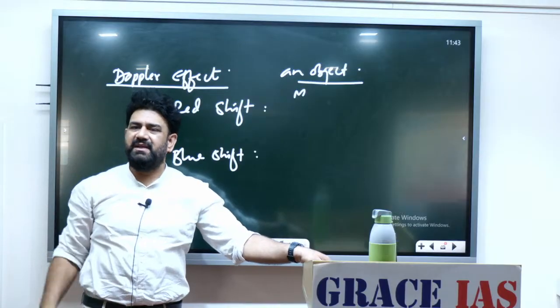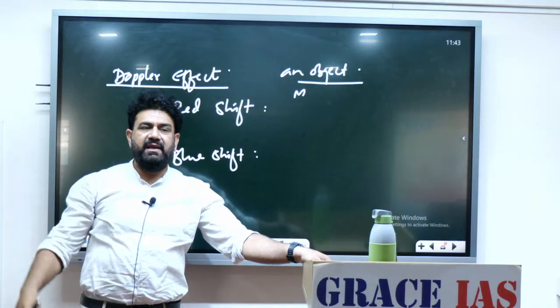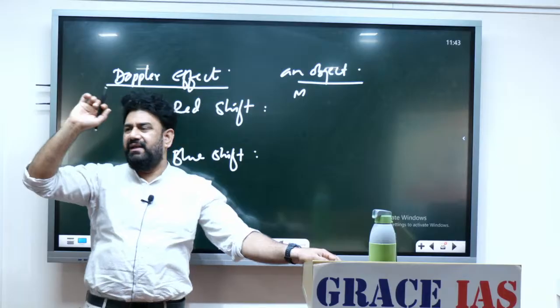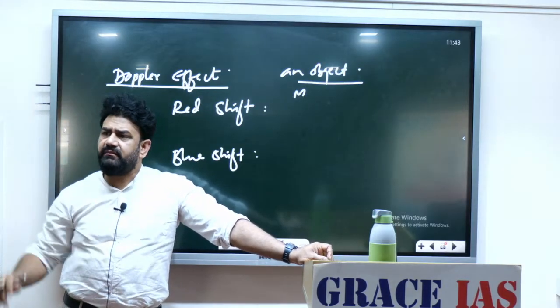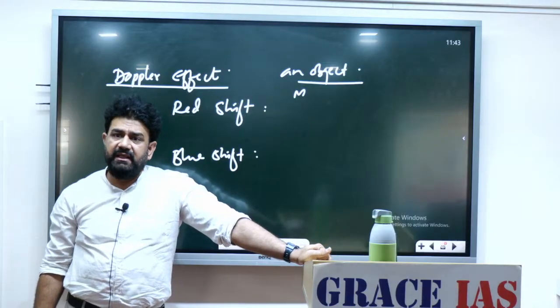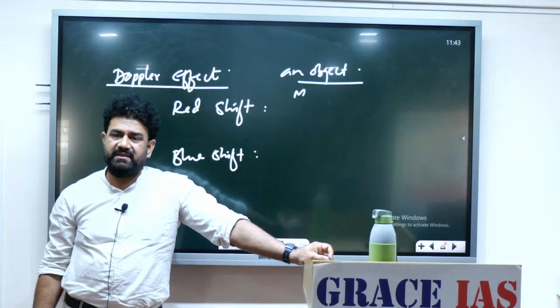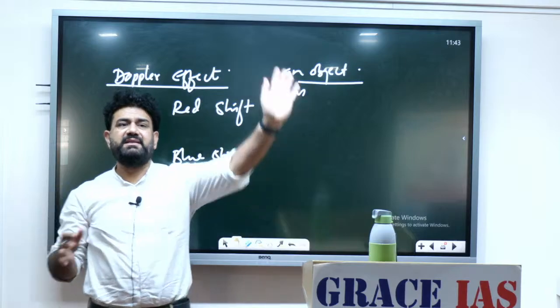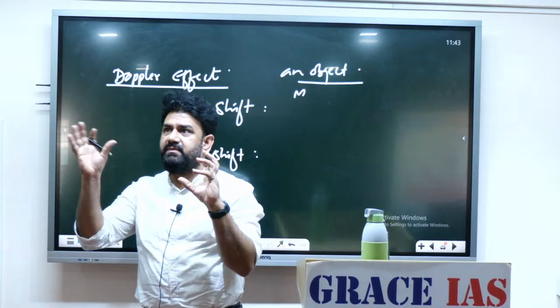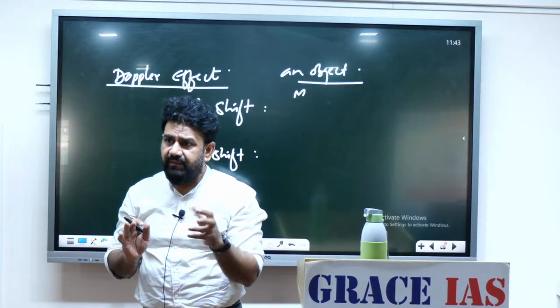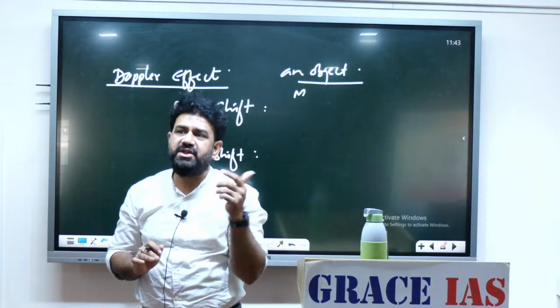Celestial means cosmic, in space. When any star or any cosmic entity or a meteor or a satellite or a planet, whatever it is, is moving away, it gives a reddish appearance. Far things are red in color. If a cosmic celestial object is coming closer, it appears a little bluish.